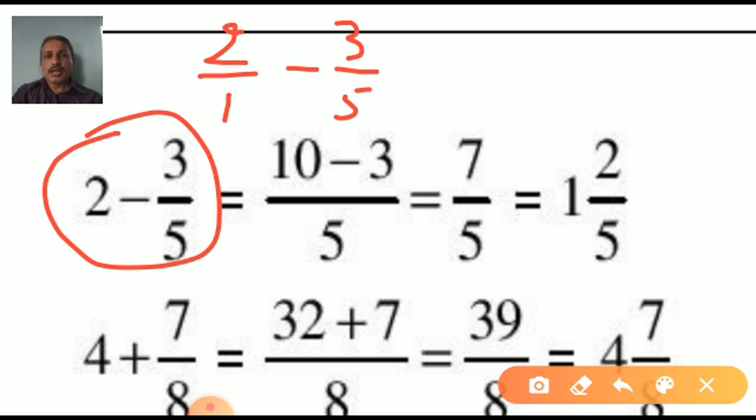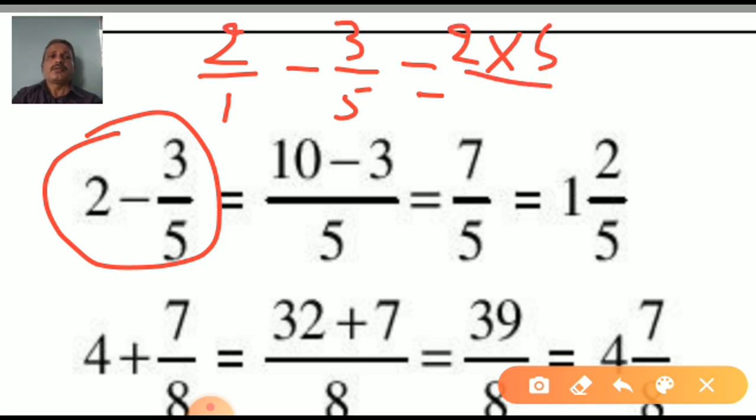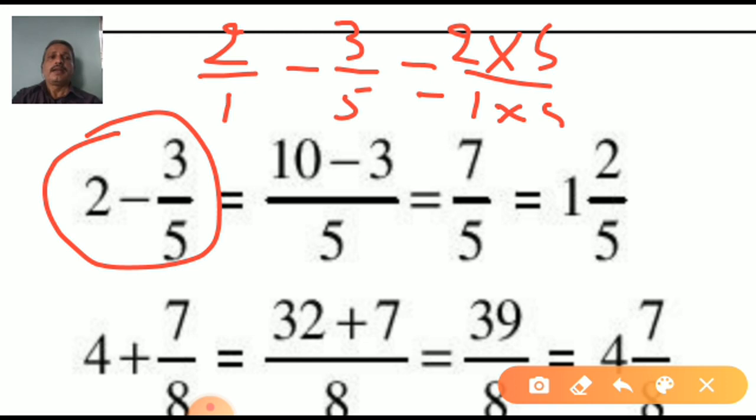To make this 1 into 5, I want to multiply with 5. 2 into 5 as well as 1 into 5. Yes, student, you get the idea now. Minus 3 upon 5. Okay, what is the next step?